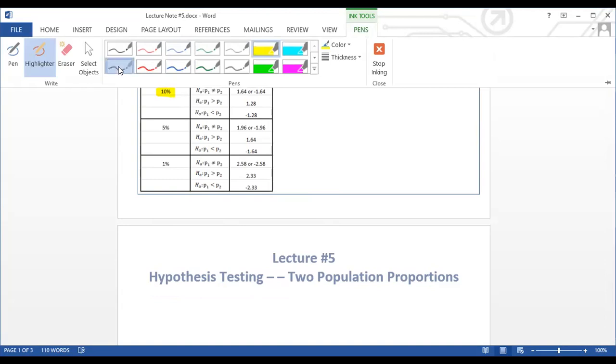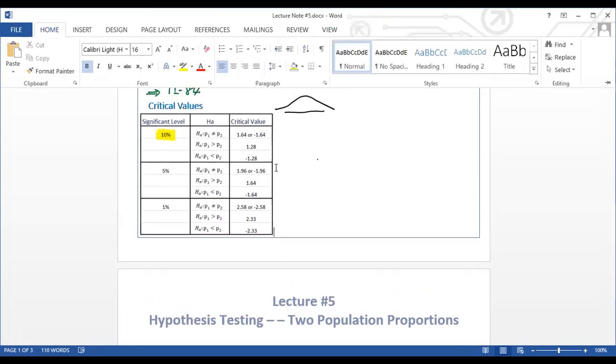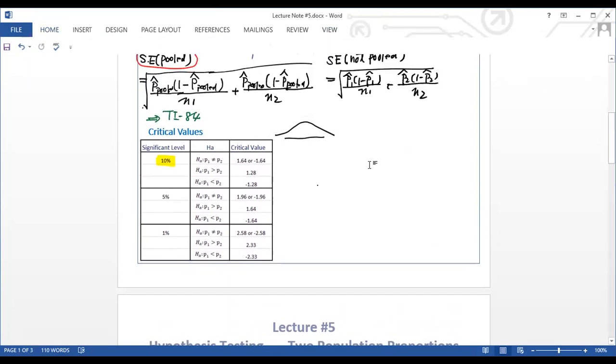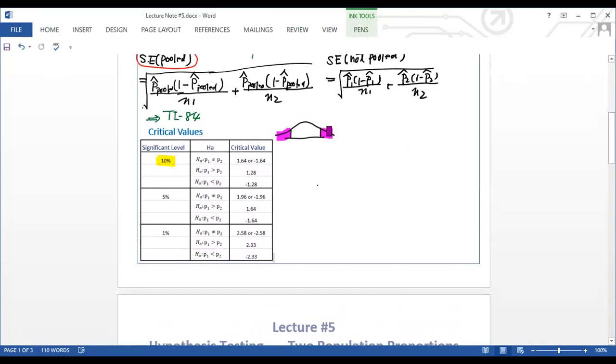So let me try to draw what the 10% is, to refresh your memory, if you don't know how to find the critical values. If I'm using 10% and it's two-sided, remember, we have two tails, so it's either here or here.